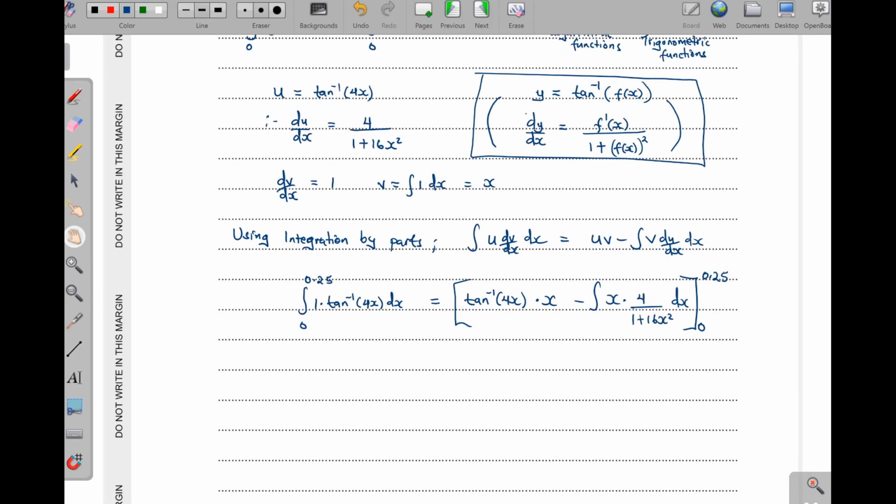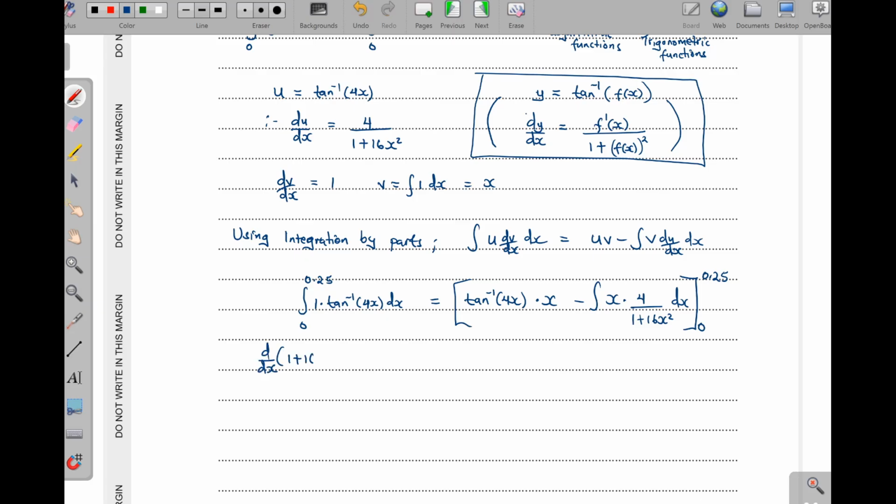Now, here I can see a 4x in the numerator. If we have a constant in the numerator over 1 plus something times x squared, when we are integrating, that gives us an arctan. But if we have x squared down here and an x up here, then that means we are going to use the natural logarithm. So I will differentiate the denominator.